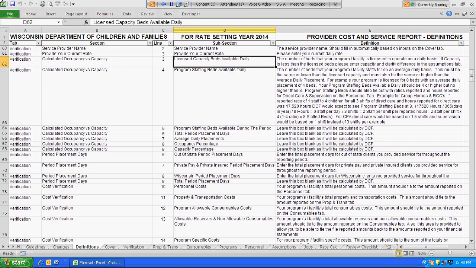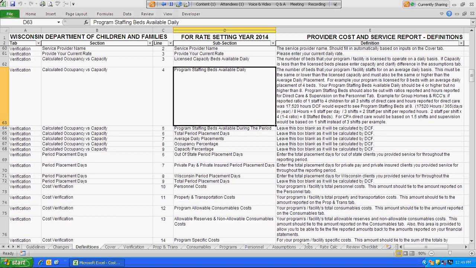For the program staff beds, again, it's the number of beds that your program or facility staffs on an average daily basis. It needs to be equal to or lower than your licensed capacity, and also the same or higher than your average daily placement.